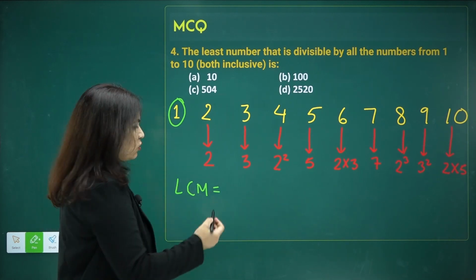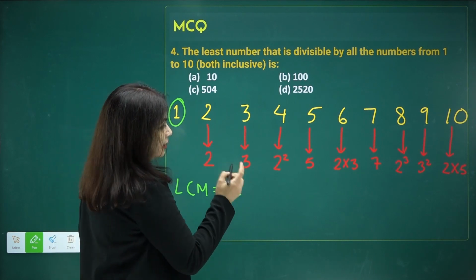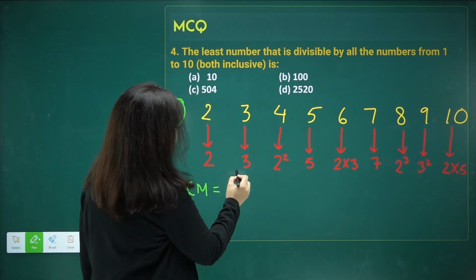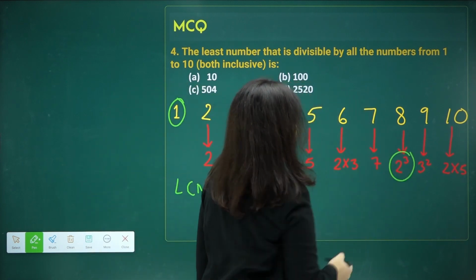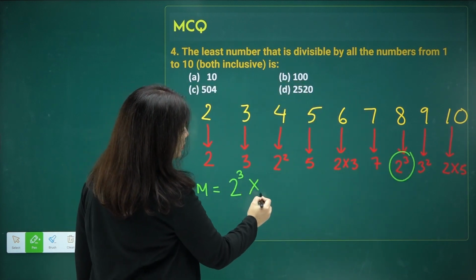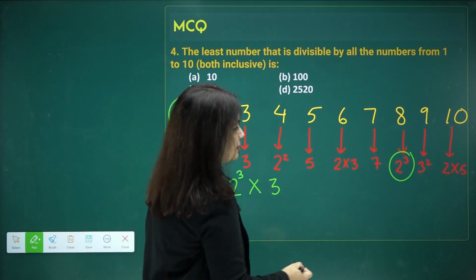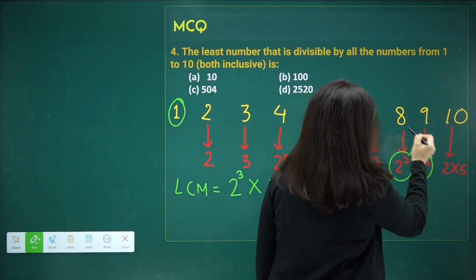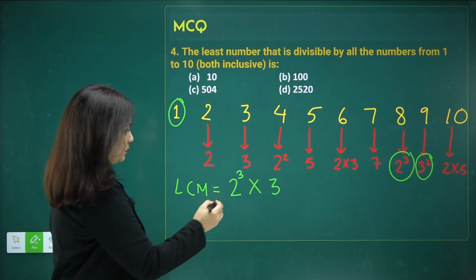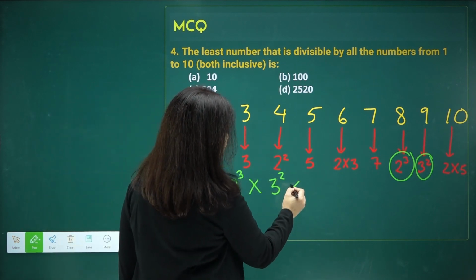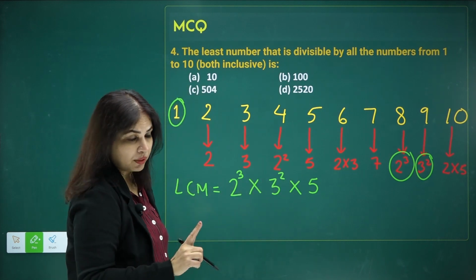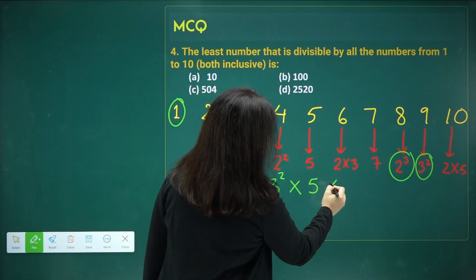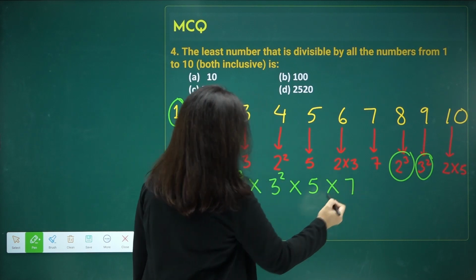So the first common term 2 and its highest power is 3. The second common term 3, its highest power being 2. The third common term 5, its highest power being 1, then 7.